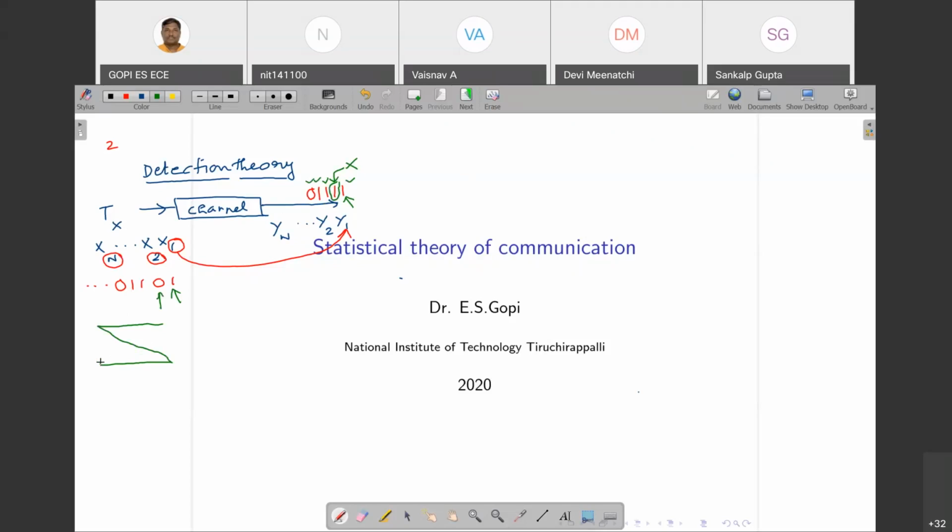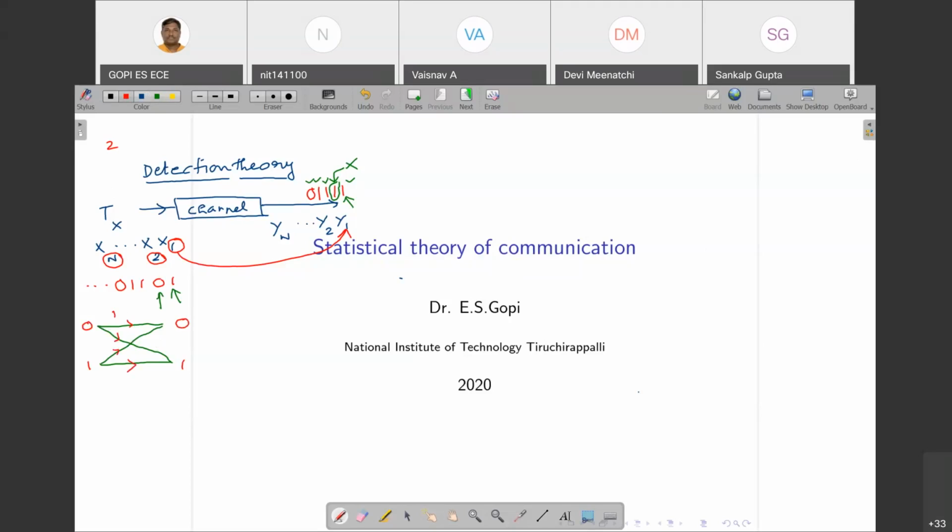The characteristics of the channel will determine the probability that you get 1 when 0 is transmitted, and the probability of getting 0 when 1 is transmitted. You have here 0 and 1, and 0 and 1, and this channel is connected like this.